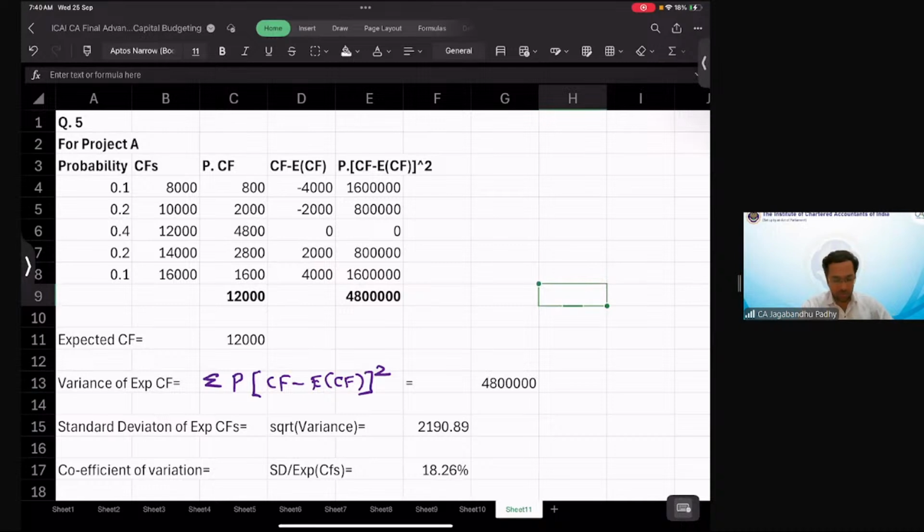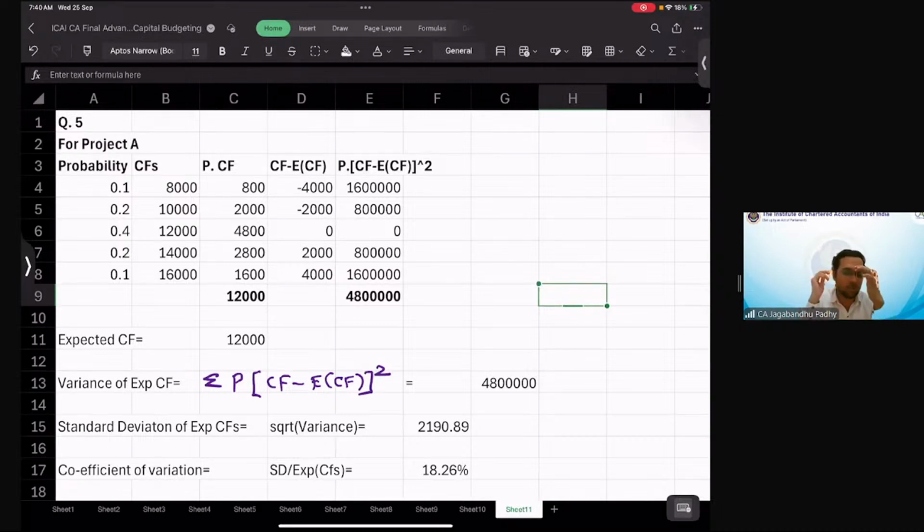In our previous class also I explained that the coefficient of variation is useful when you compare projects. When you're comparing two different projects, of course, the pattern of cash flows, the extent of investment and the size of cash flows that you receive are different. So for comparison purposes, you get a relative term, which is in percentage terms, right?